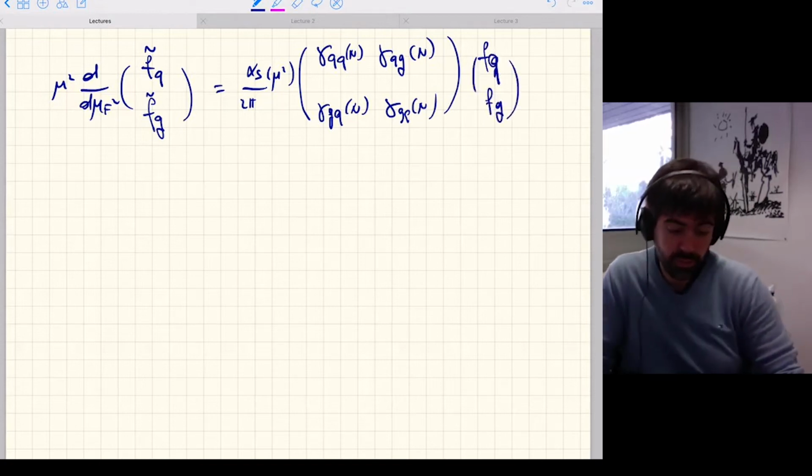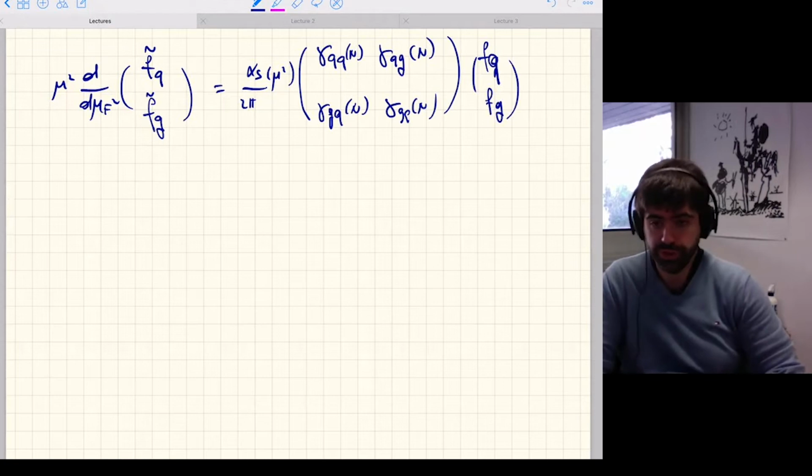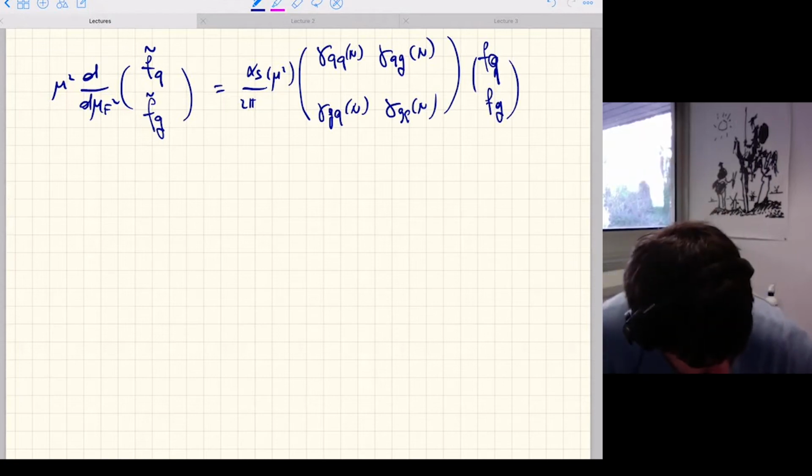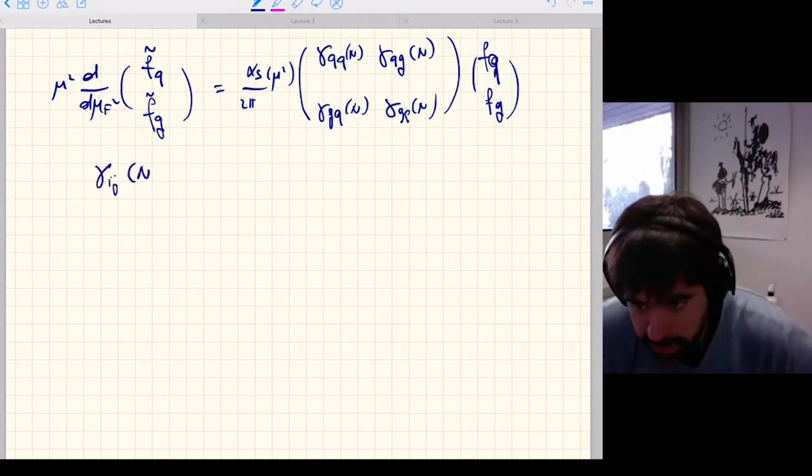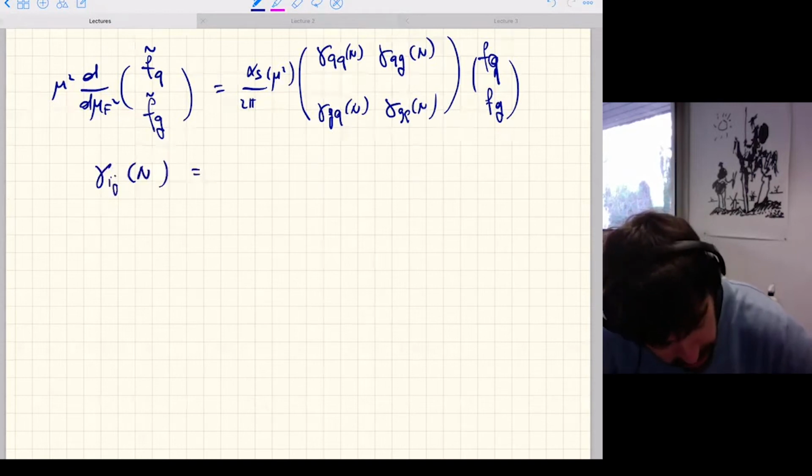You see that the convolutions are turning into ordinary products. What are these gamma? These gamma are famous, so we give them a name. They're called the anomalous dimensions.